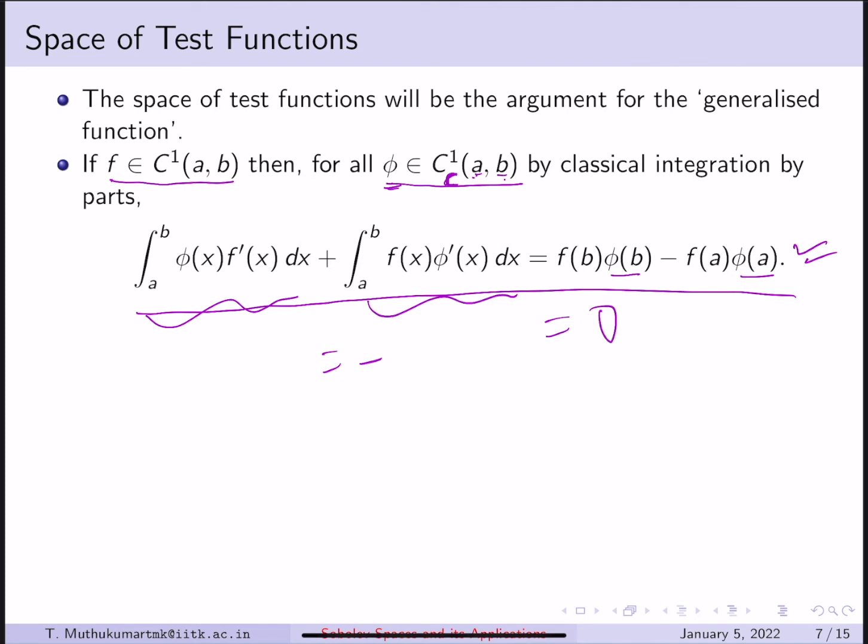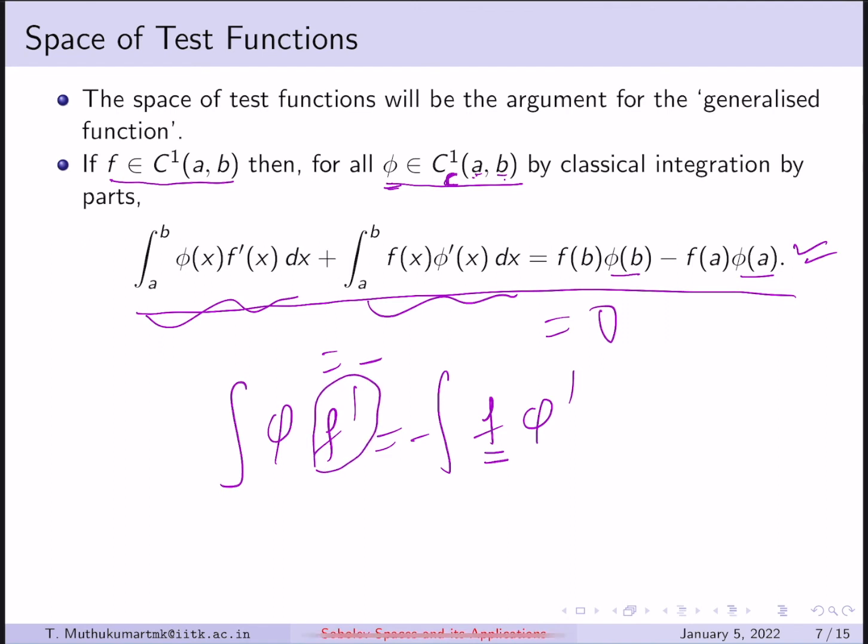Okay? Why is this important? What does this tell you? That you have a function f and you have the derivative f prime given in terms of something where the derivative of f is not involved, okay?